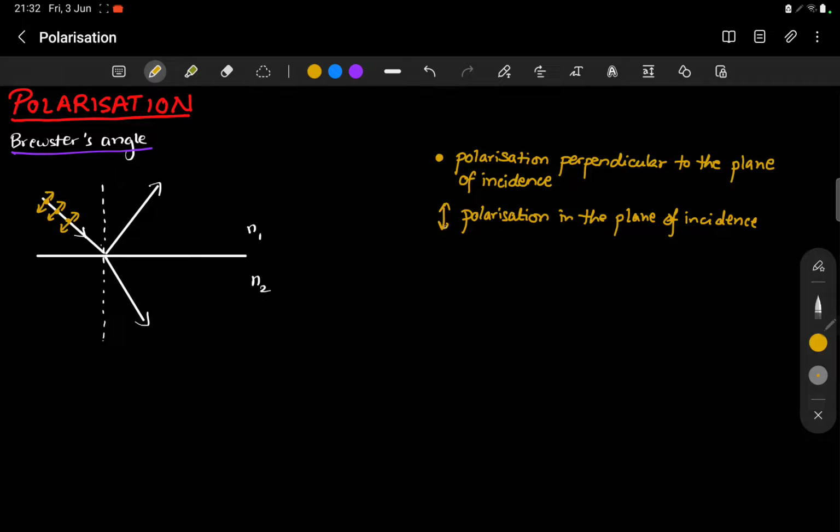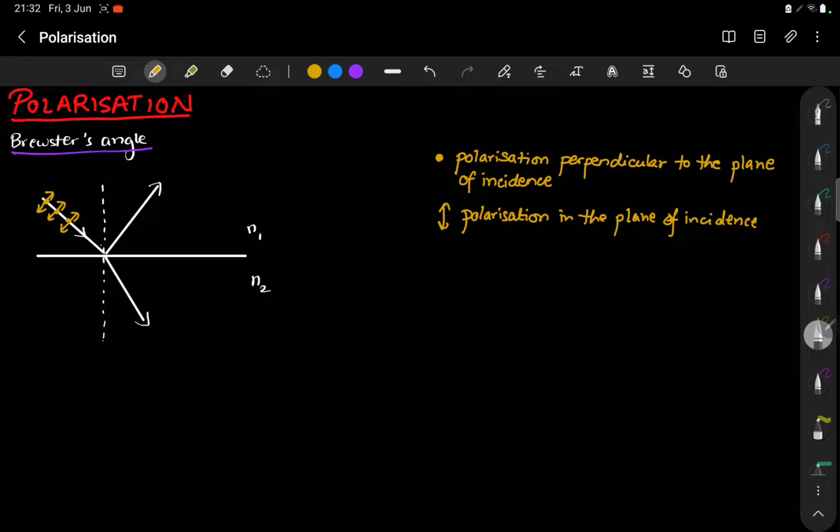So over here, this dot means that the polarization is perpendicular to the plane, so it is coming out of the screen, so to say, coming out or going into the screen. And this double arrow means polarization in the plane of the screen. So this is the notation.